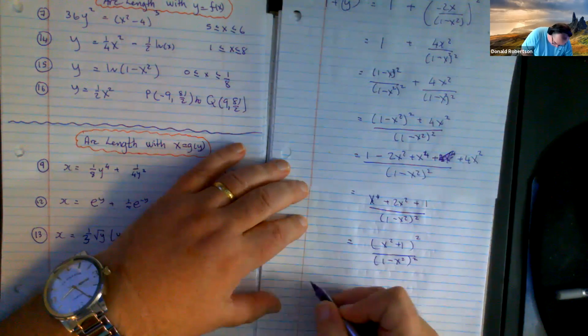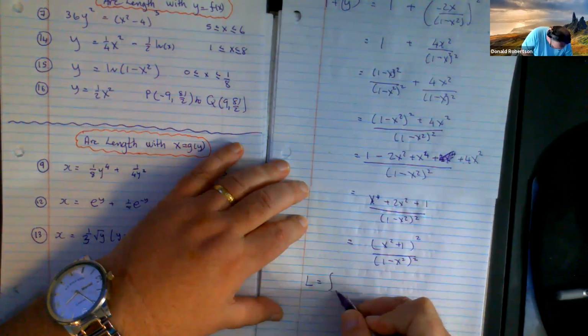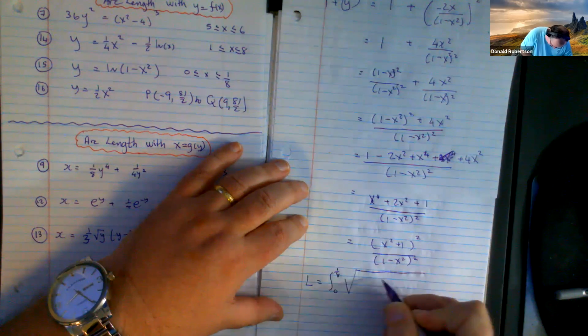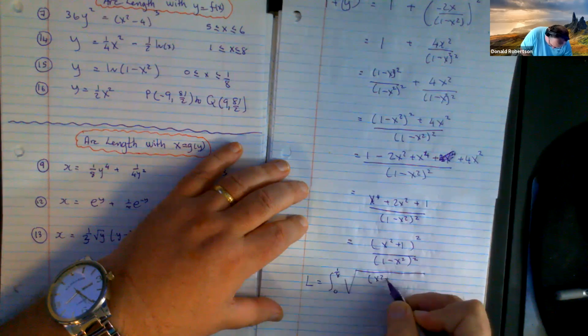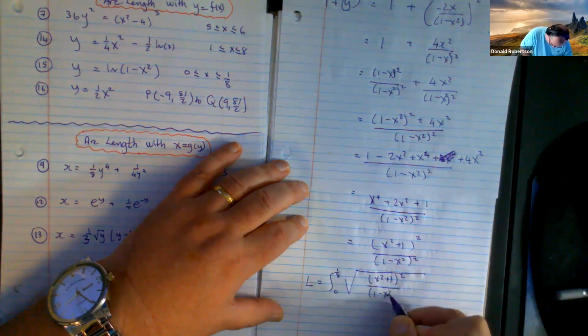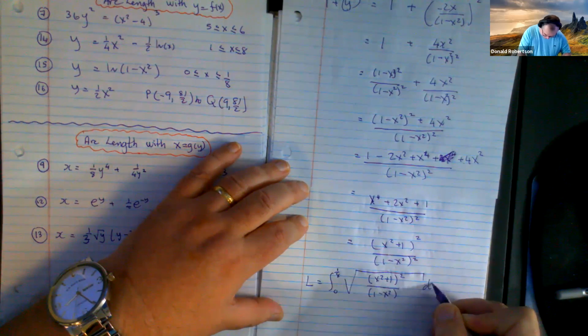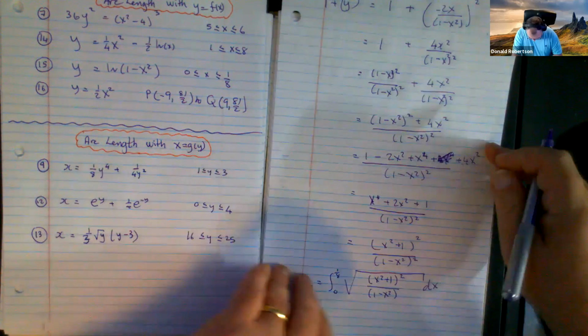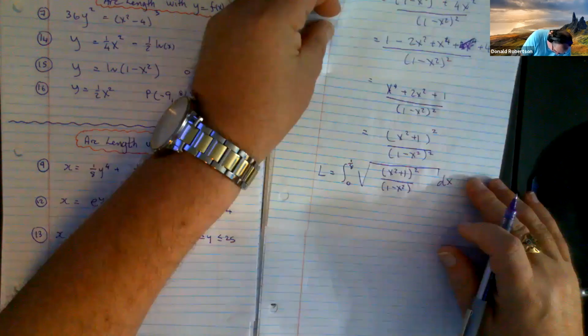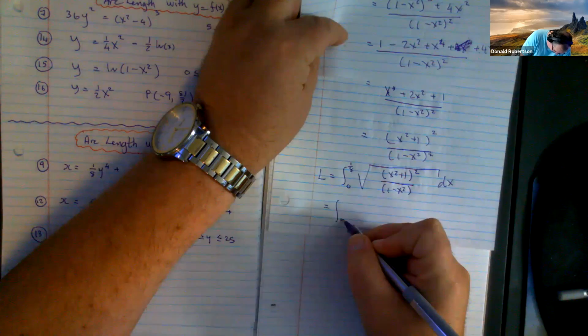So the arc length is going to be the integral from 0 to 1/8 of the square root of this guy. But that guy can be simplified.